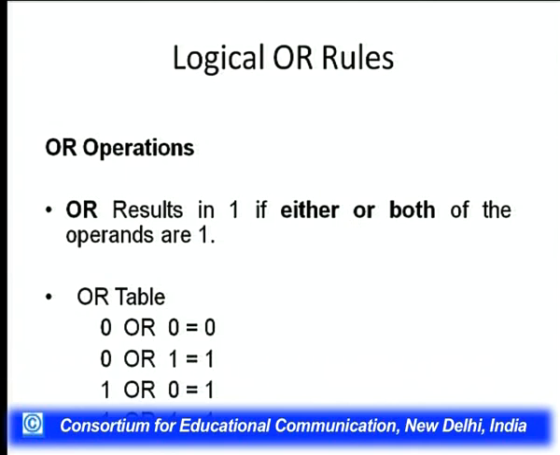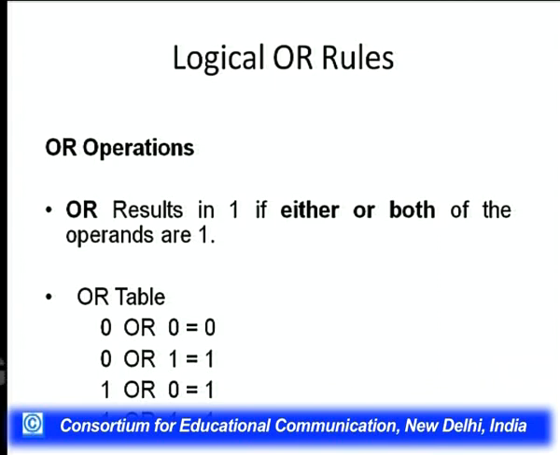OR results in 1 if either or both of the operands are 1. So this is a logical operator which shows that when both operands are 1 or either of the operands is 1, then the result will be 1.